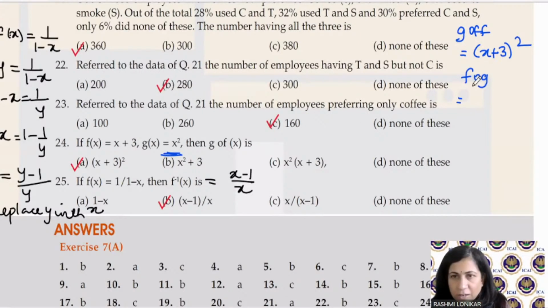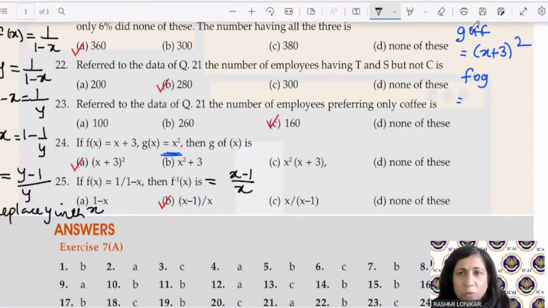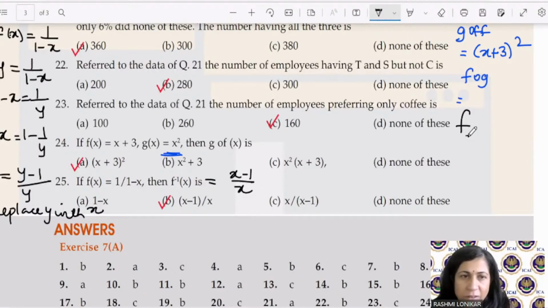So, what did we do in g of f? See, what is the function f? f is x plus 3. What is the function of g? g is x square. So, in x square, I am writing the function f. Now, f is x plus 3.